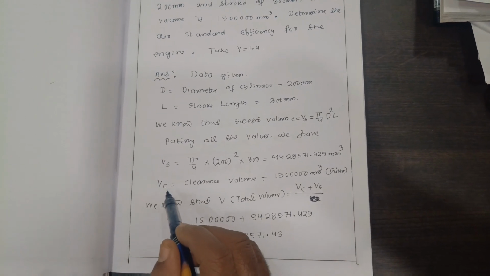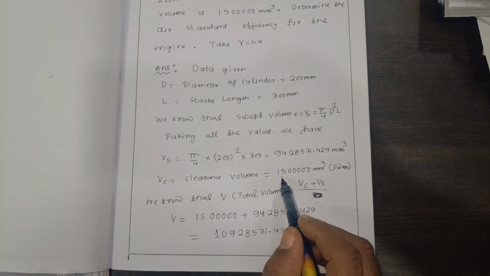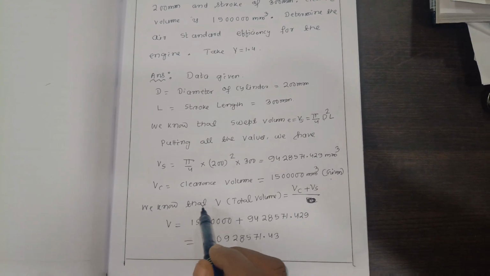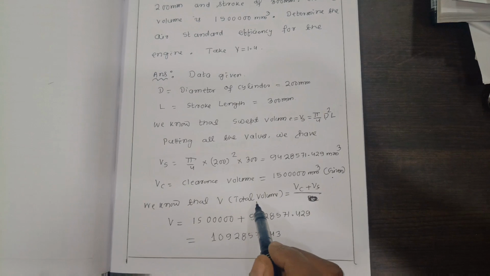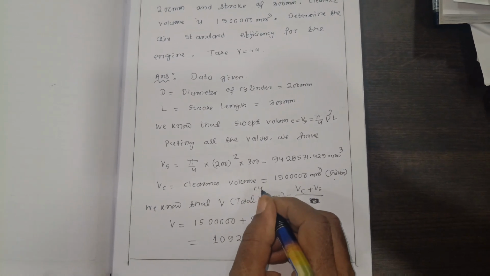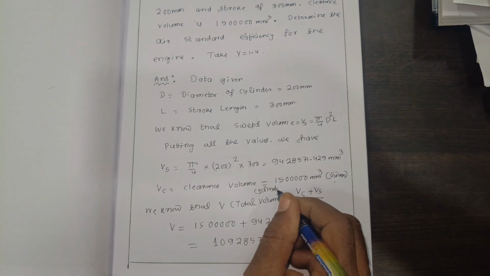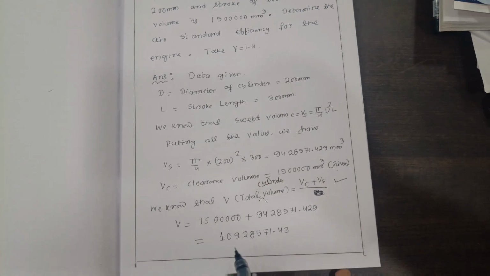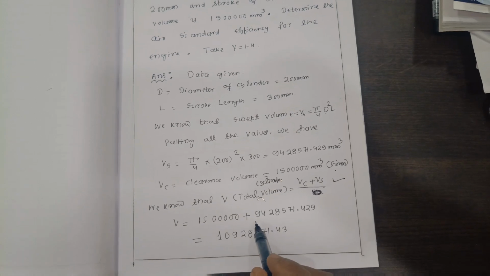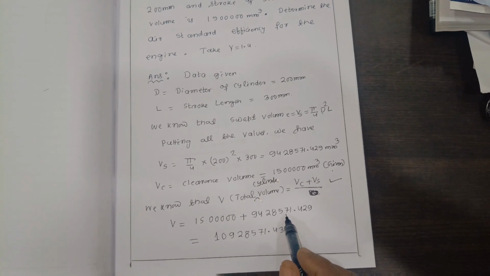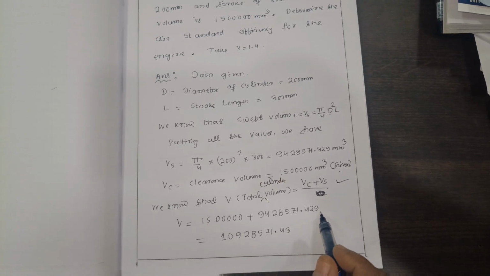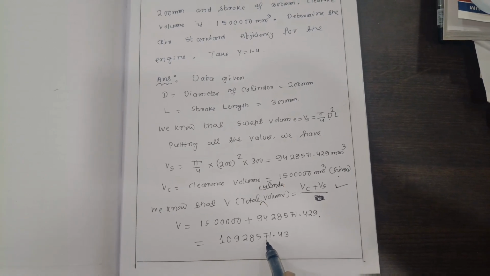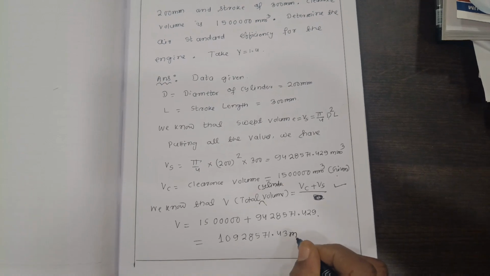Again, Vc is equal to clearance volume is equal to 15 lakh mm3 given. We know that V is equal to total cylinder volume, Vc plus Vs. Then V is equal to 15 lakhs plus 9428571.429 is equal to 10928571.43 mm3.